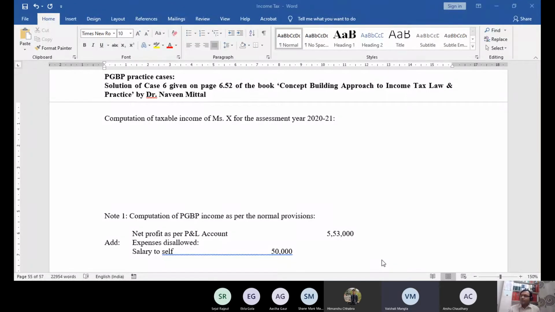So, bonus and commission should have been allowed as deduction in this year, but section 43B covers some expenses that are allowed as deduction only if they are paid.